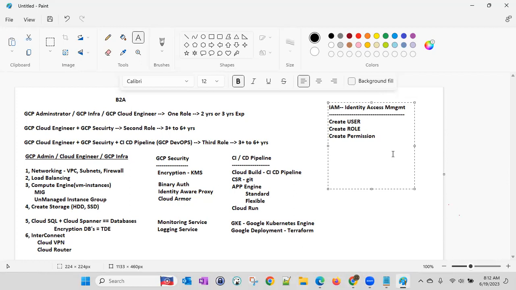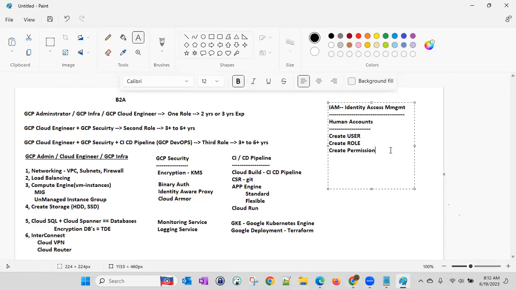What is meant by role? What is meant by user? Which access has to be given? These are all human accounts. You have to organize. Suppose Naresh is a senior person, security lead. He needs some high level access that we need to provide. That is also one of the important roles for any GCP cloud engineer, security, or DevOps. This we need to know.